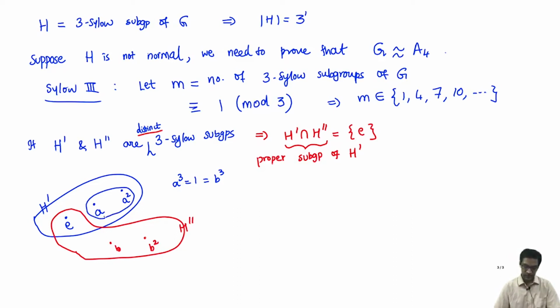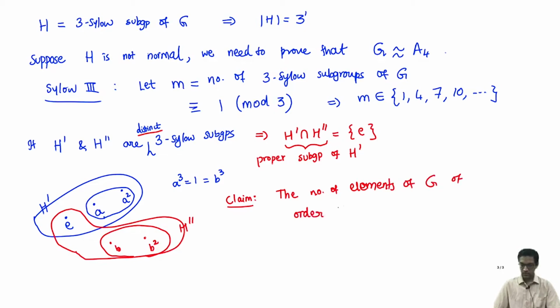Similarly, the other 3 Sylow subgroup has two elements whose order is 3, and so on. So in general, a little observation here is that the number of elements of G of order 3 is exactly 2 times the number of 3 Sylow subgroups M.